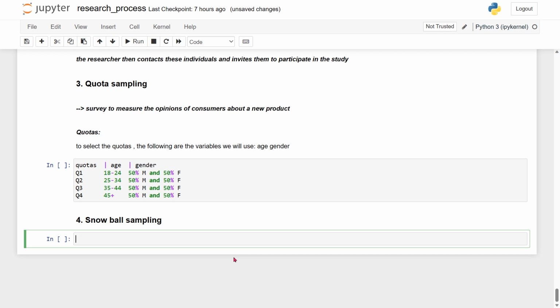Suppose a researcher wants to study the experiences of individuals who have experienced workplace discrimination.